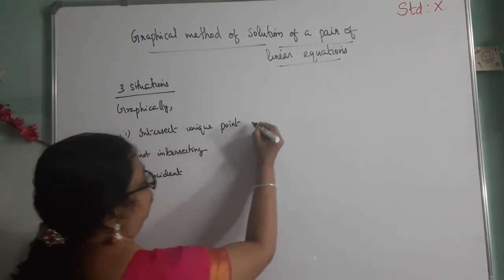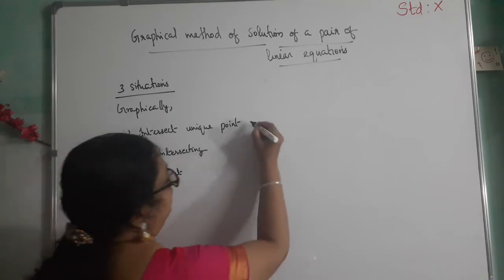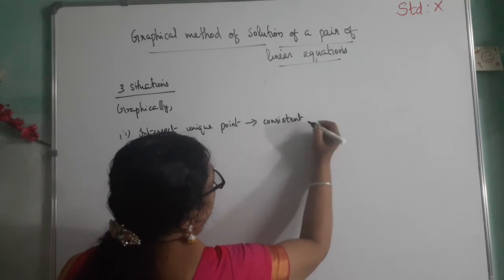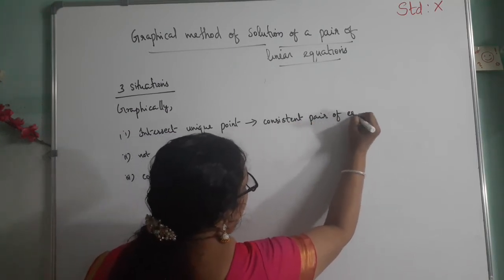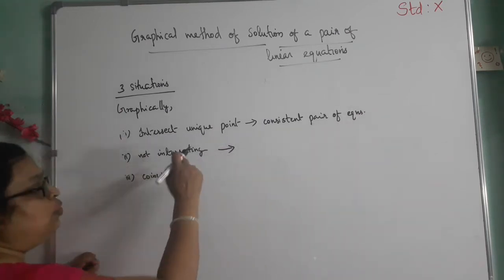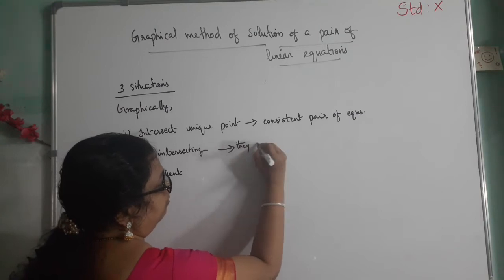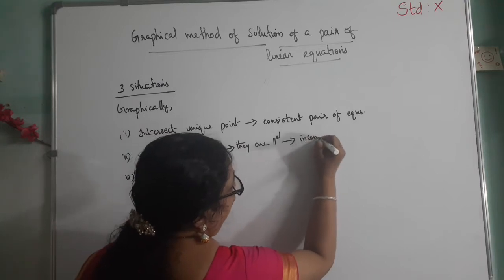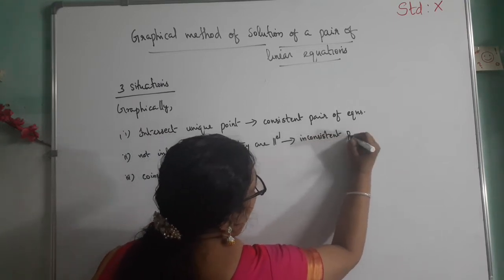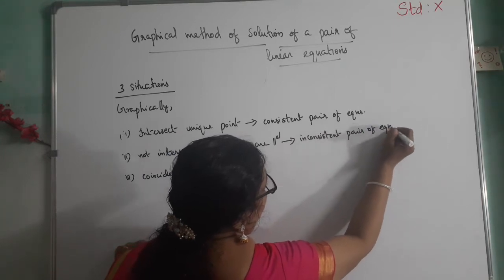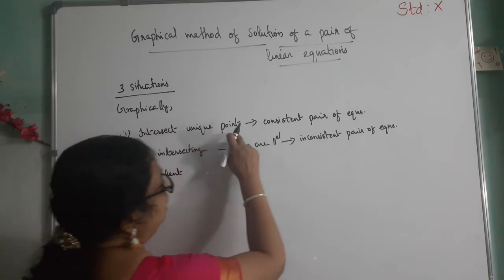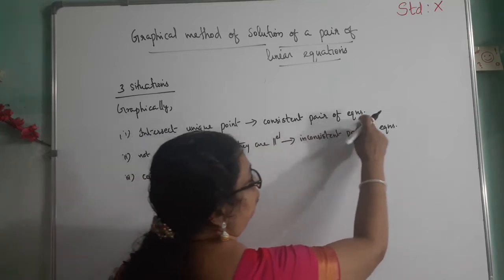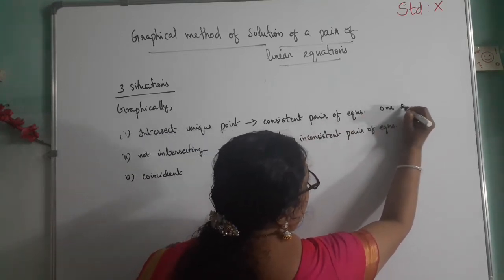When lines intersect at a unique point, that is, at only one point, we call that type of lines a consistent pair of equations, and they have one solution.